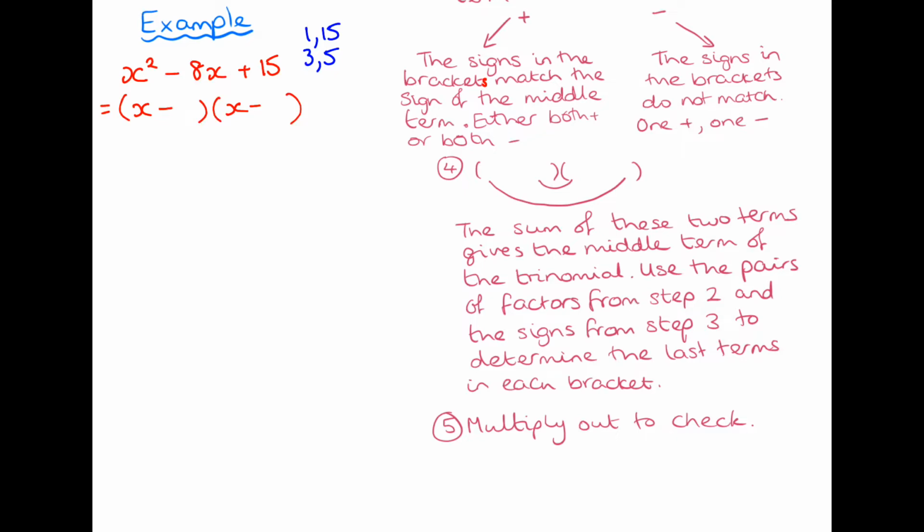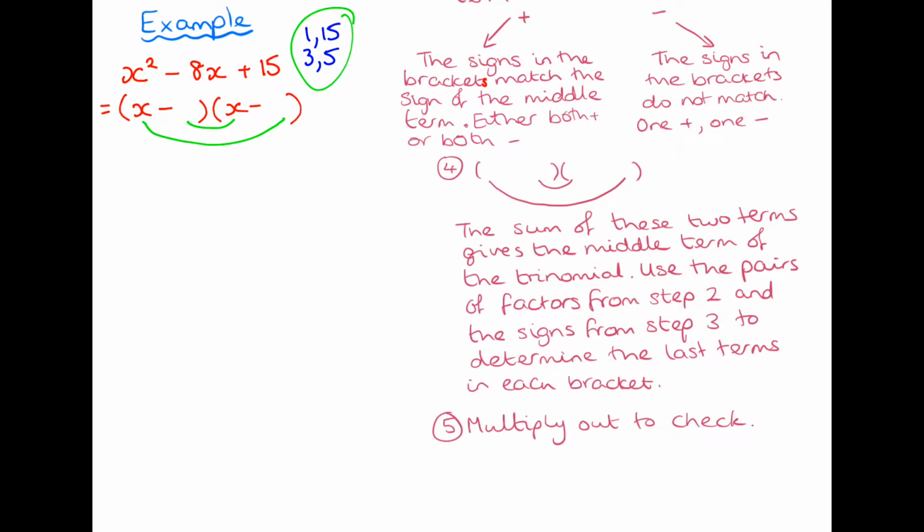Then step 4: the sum of these 2 terms gives the middle term of the trinomial. So we use the pairs of factors that we've written and the signs that we've already put in the brackets to determine which numbers go in the brackets in the end.